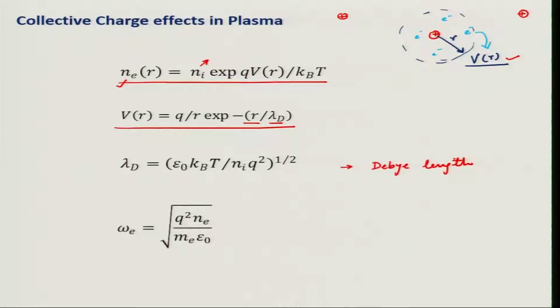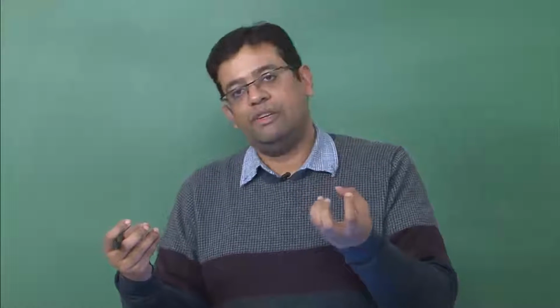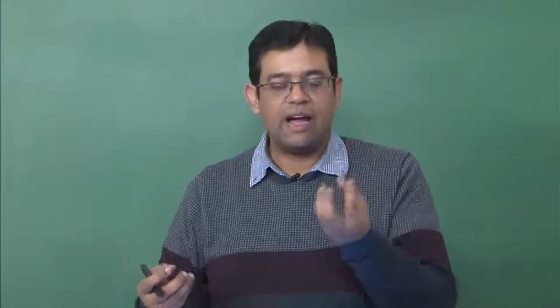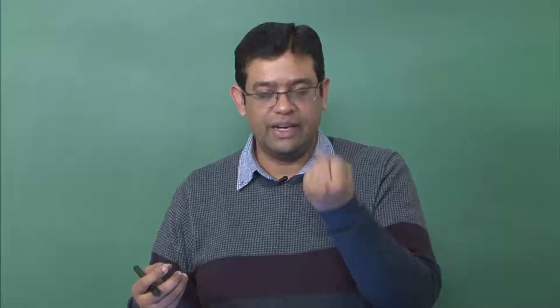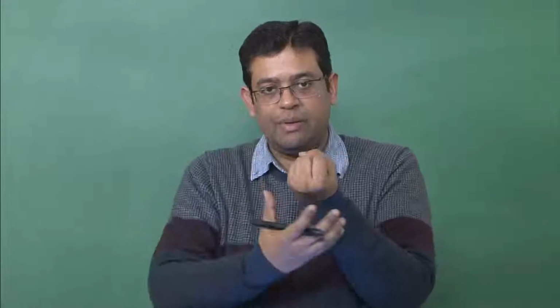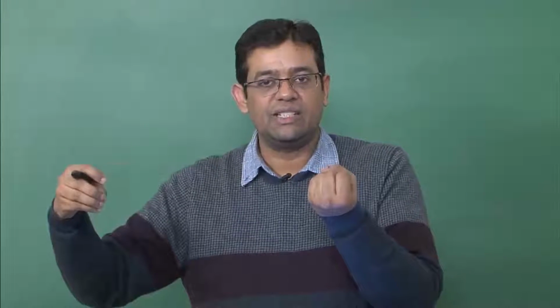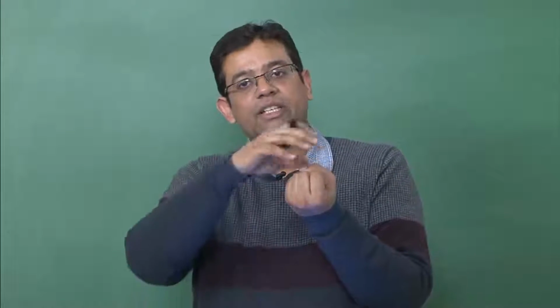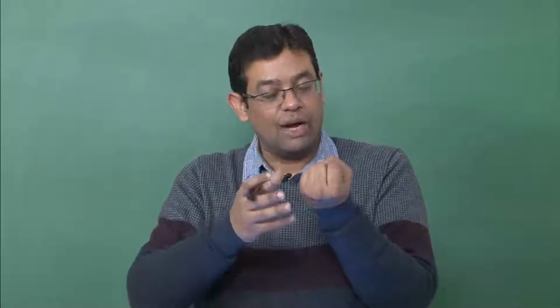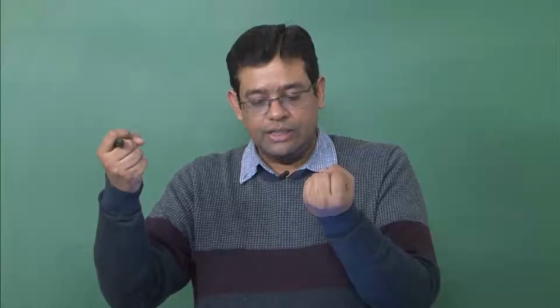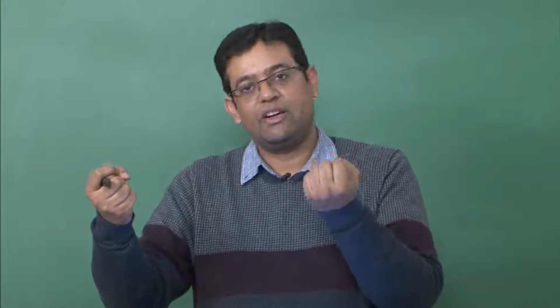Physically, what Debye length means is a distance after which in a plasma you do not feel the effect of this positively charged ion. So, if I have a positively charged ion here which is partially screened by electrons, at a certain distance if I put another charge, because of the combined effect of this ion and the electron cloud around it, this charge will not feel the effect of this ion.